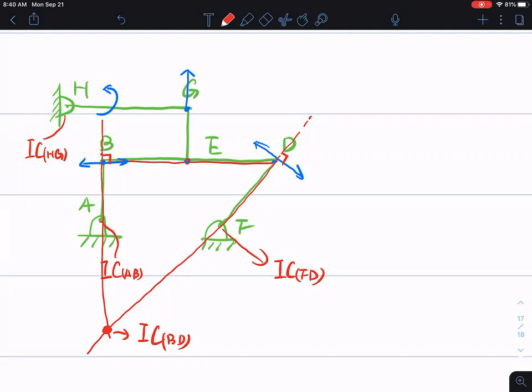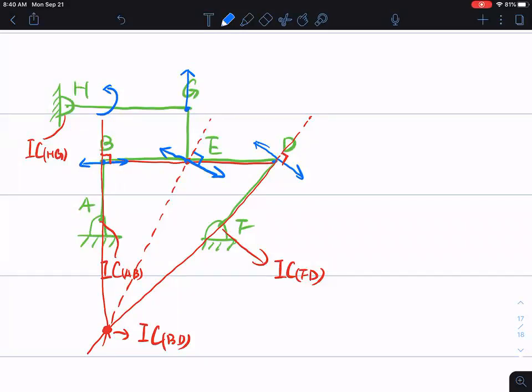Okay, let's first connect point E and the IC. Then I use the blue color to draw a perpendicular line to the dashed line there. This blue line tells me the direction of the velocity vector of point E. Can you see that?